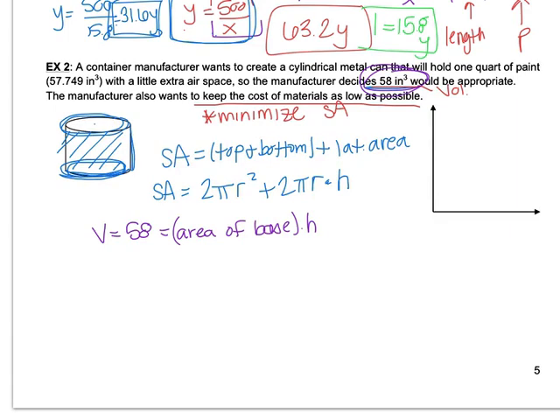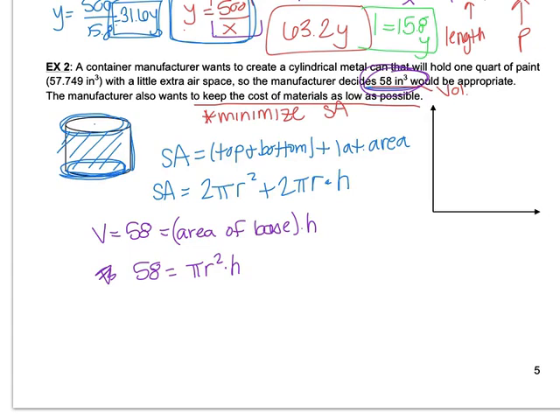That's volume for any prism. So our volume, 58, equals the area of the base, which is just a circle, so pi r squared, times height.